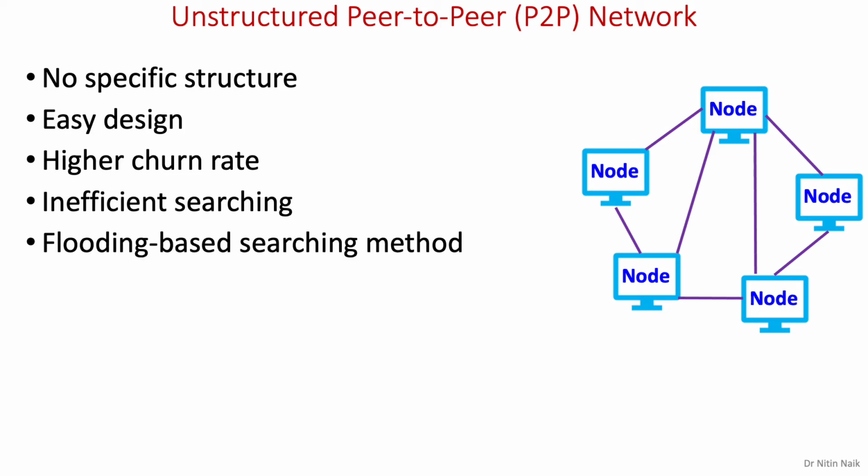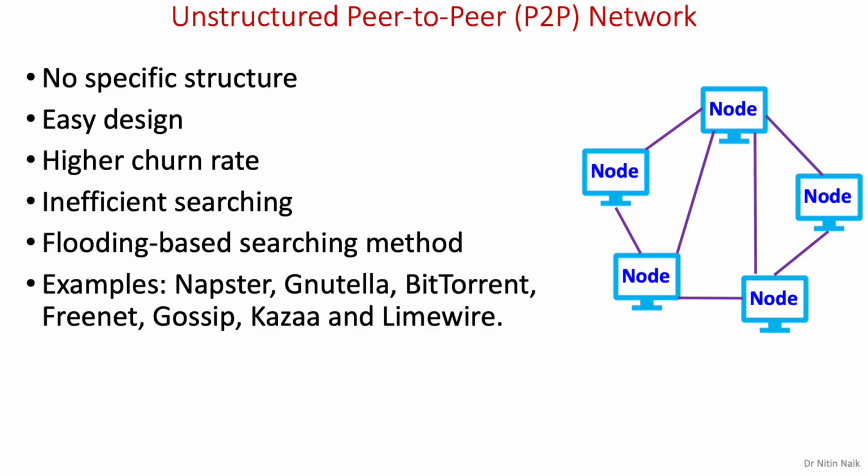Next, nodes perform searching in the network for required resources, mostly using flooding or random walk methods, meaning that if a node wants to find a particular resource or file, then the search query must be flooded through the network to reach as many nodes as possible that may be a potential target for the search. Finally, some examples of the unstructured peer-to-peer network.